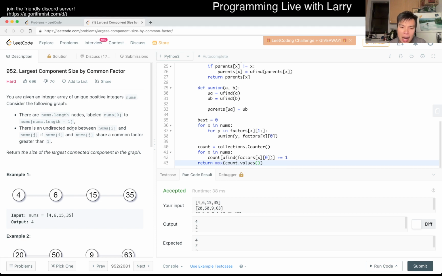I don't know. But yeah, basically what we want to do is that, okay, for every number, we represent it by the unique factor. The first factor, it doesn't matter, because any of those factors are possible in one of the components, right? So they're all looking at the same component, meaning that if you look at any of these factors, find will return the same parent anyway, by definition because of all these unions.